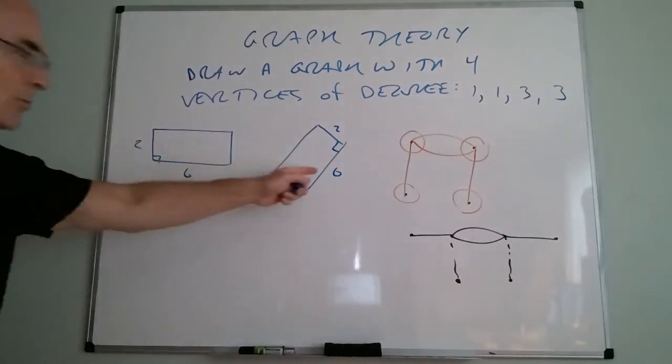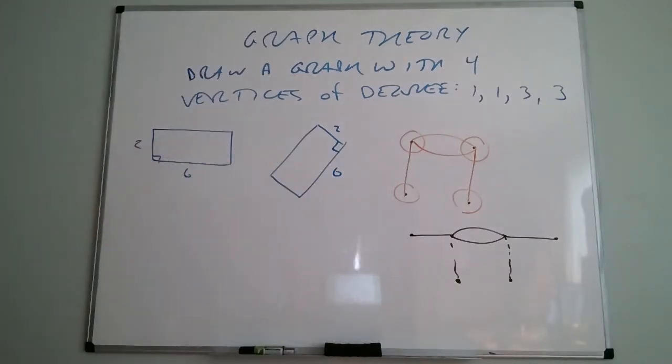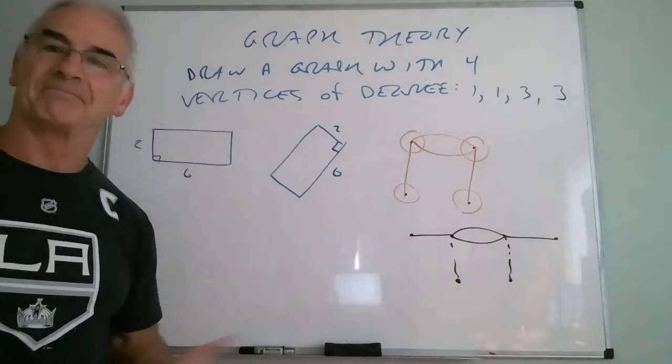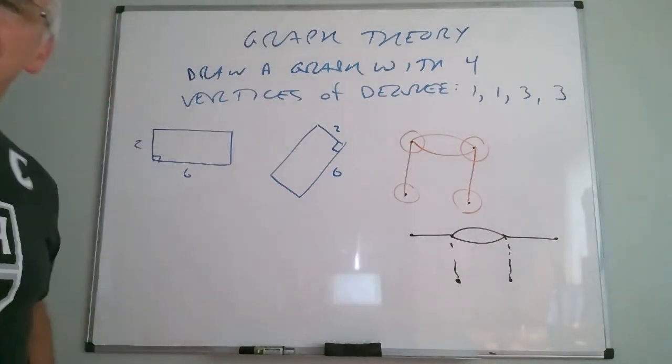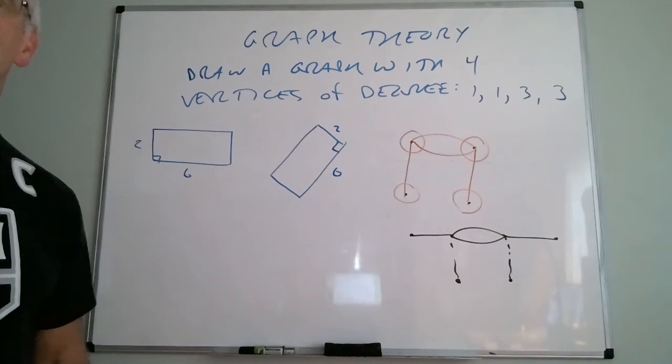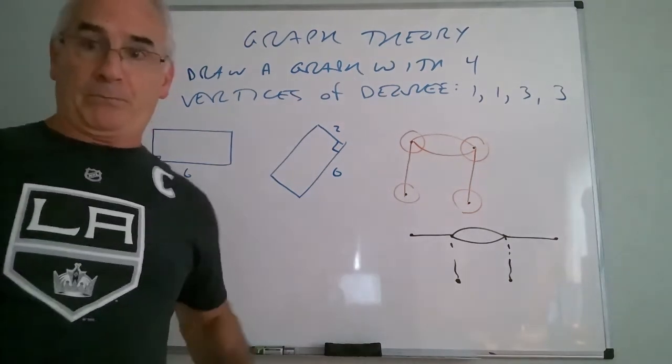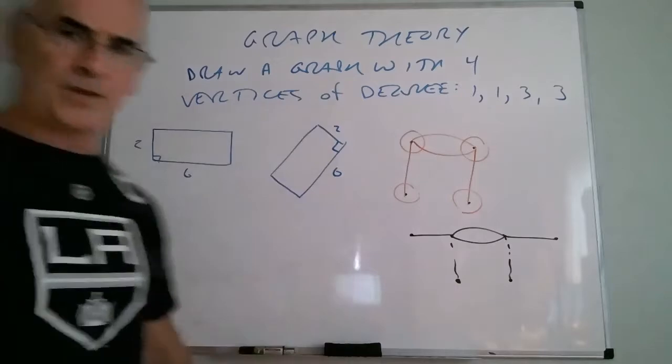Are these shapes congruent? Anybody? Are they congruent? Yes. I have two 2x6 rectangles, but this one's going sideways and that's off at an angle.